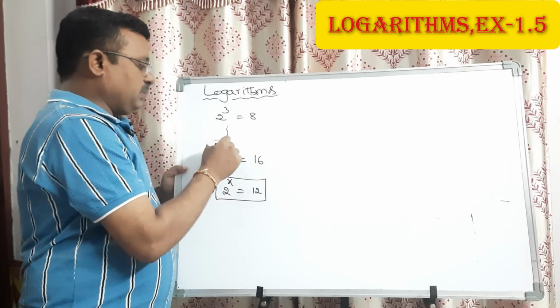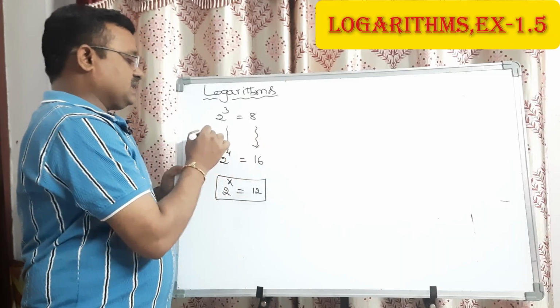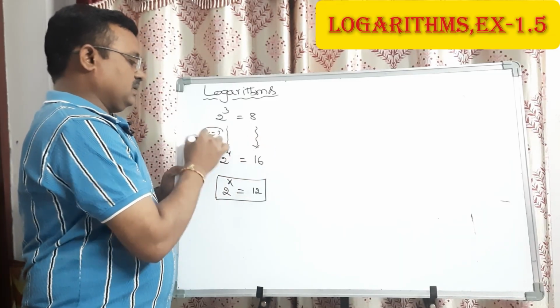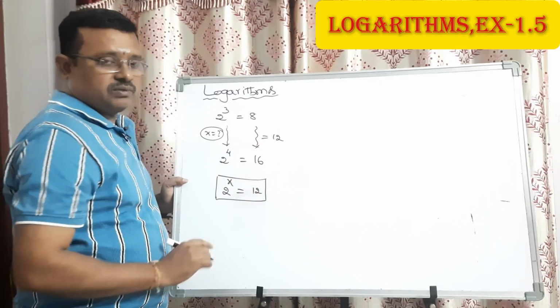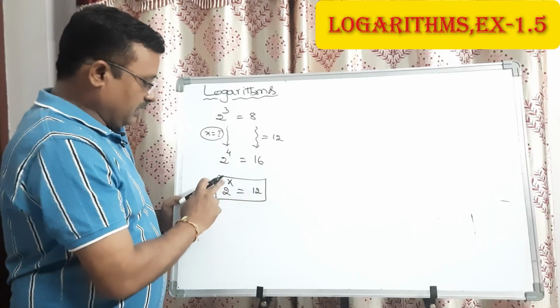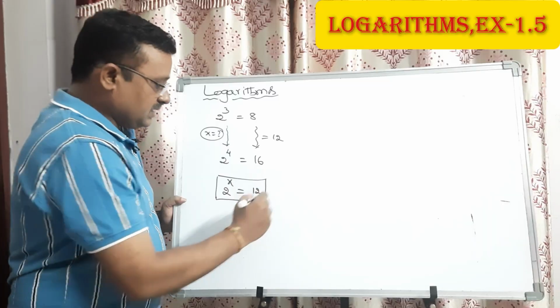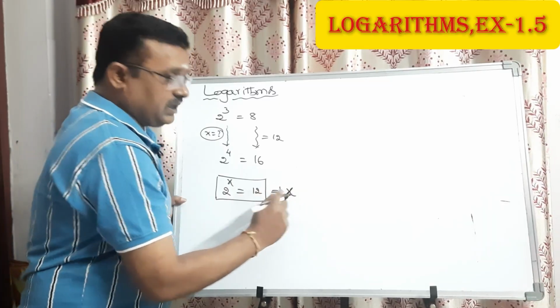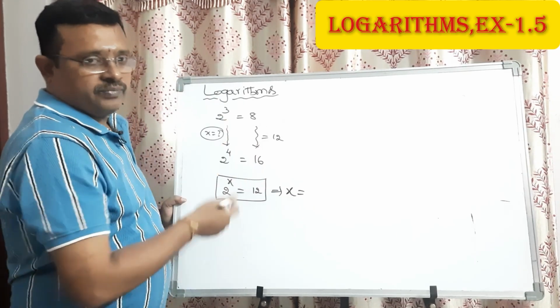So at a certain x value, the answer will become 12, 2 power x equal to 12. To find the value of x when we know the base and the result, we get logarithms.